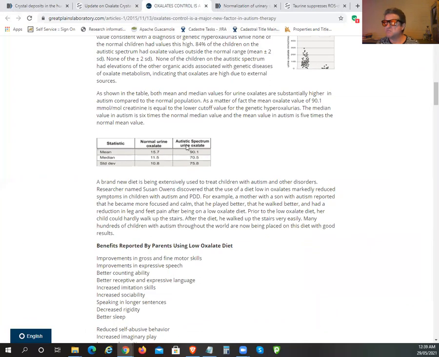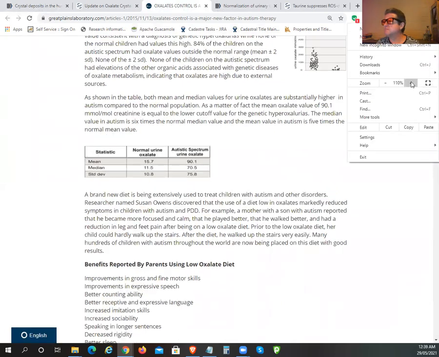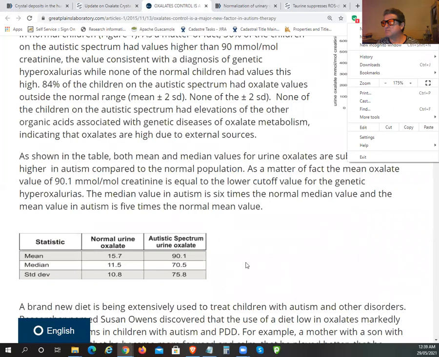Oxalates, autism, normal urine oxalates. So as you can see, means standard. Look at the differences. Talking about a 7 to 7.5 times difference.